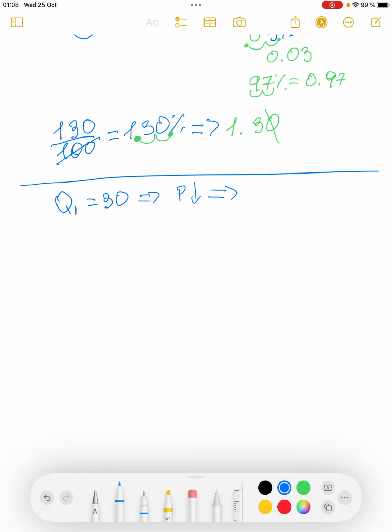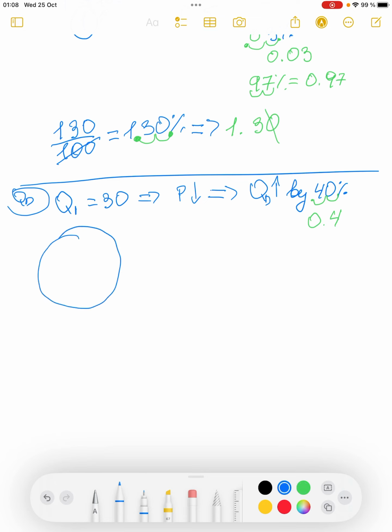And by the law of demand, if we think about quantity demanded, the quantity would increase by 40%. So 40% is 1, 2. So 0.4, correct?